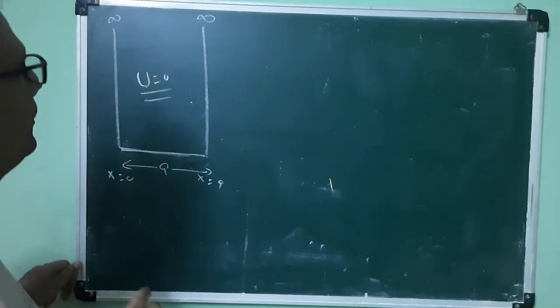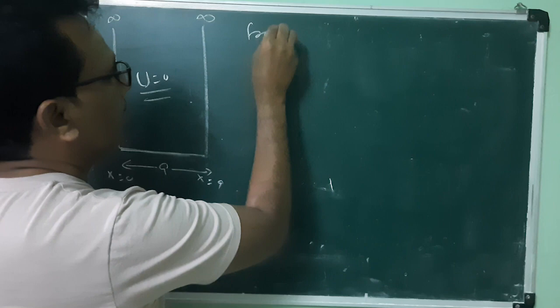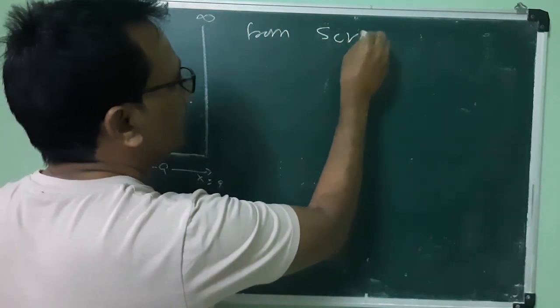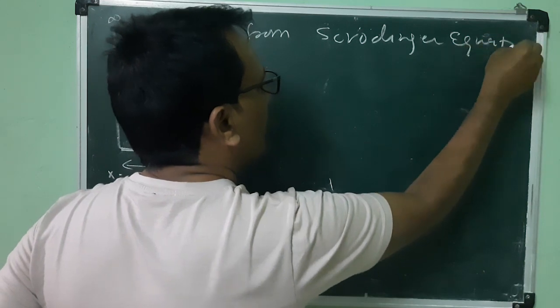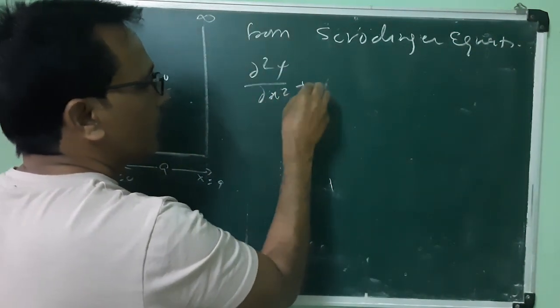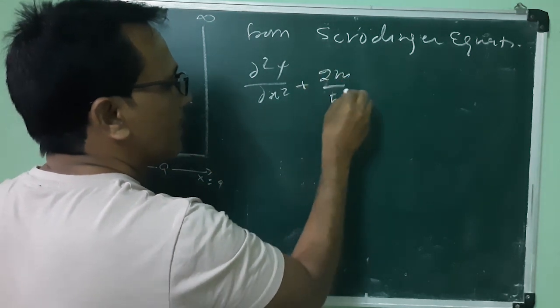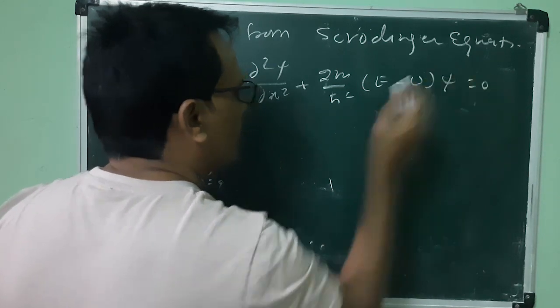So we can use that Schrodinger equation. From Schrodinger equation we have del square psi by del x square plus 2m by h cross square (E minus U) psi equal to 0.